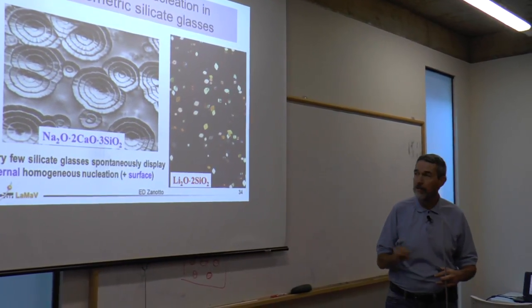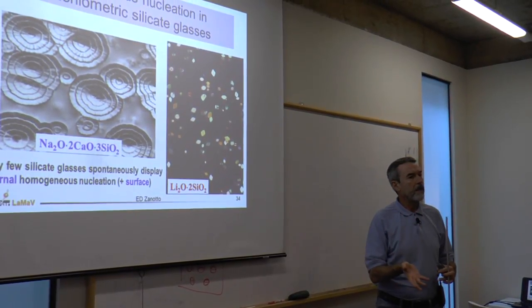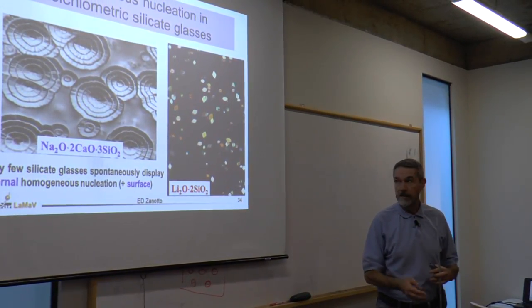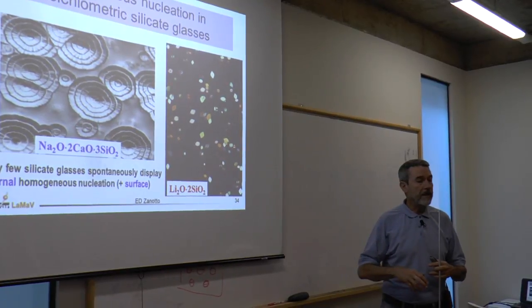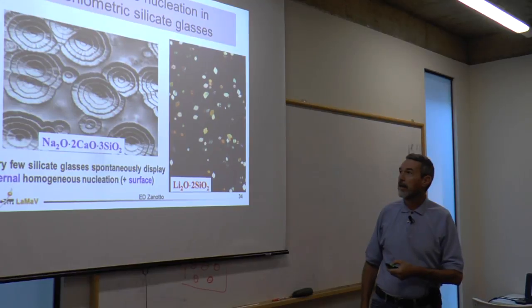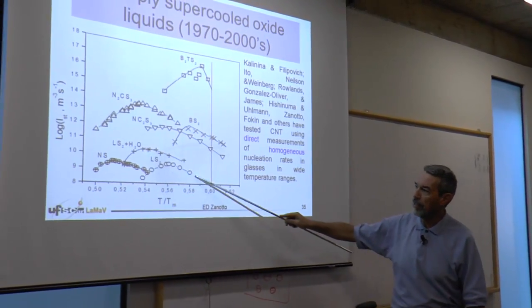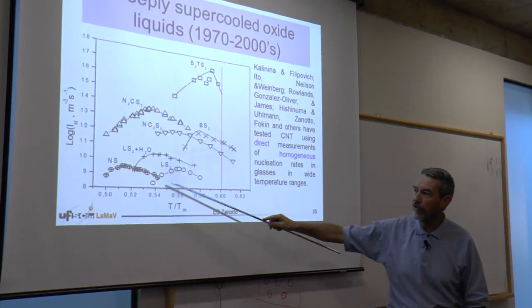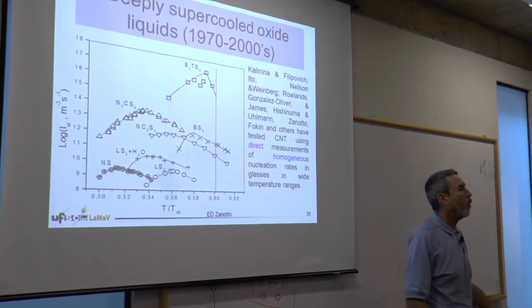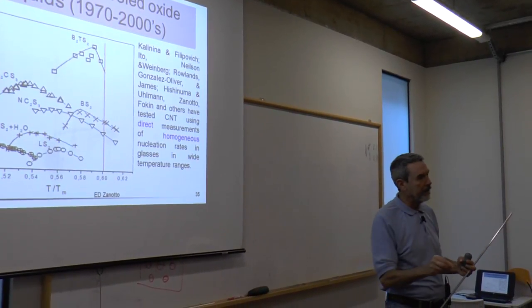There are a few systems which show internal nucleation when they are properly heated, some glasses. And then they can be measured with higher accuracy at very wide ranges of temperatures, like 50 to 100 degrees Celsius. Not 2 or 3, but 100 degrees Celsius.